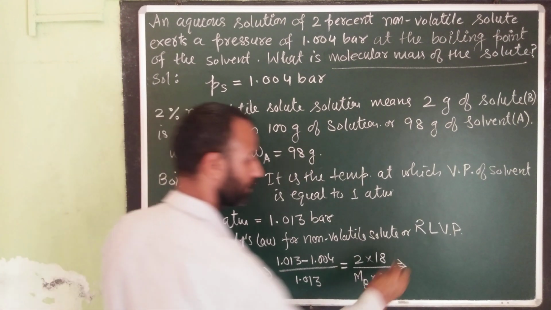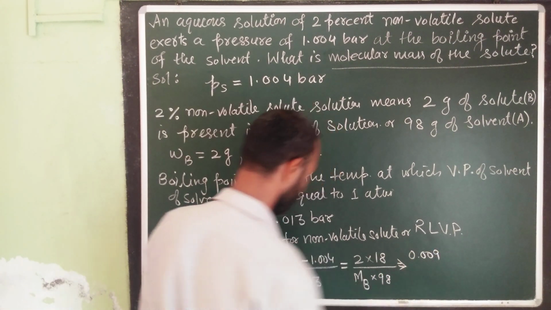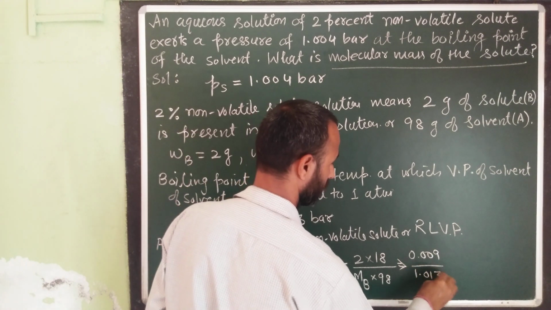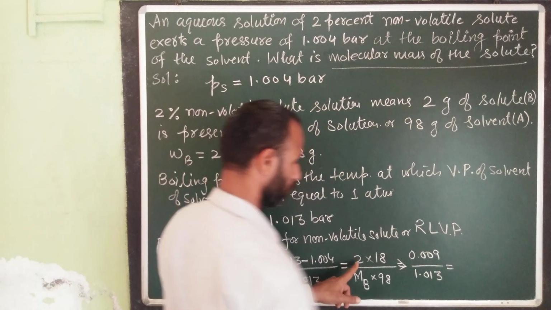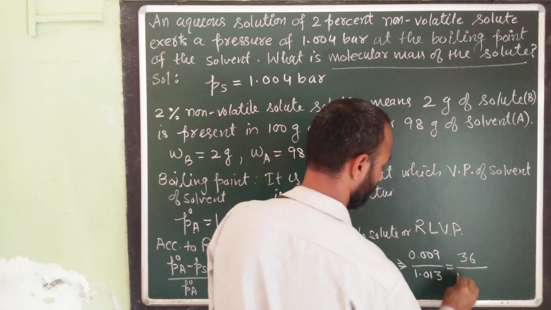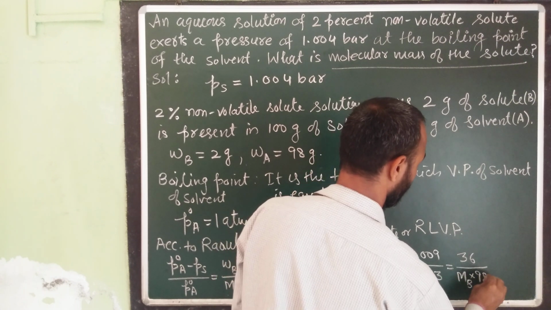So from here we can calculate: 1.013 minus 1.004 is 0.009, over 1.013, is equal to 36 by MB into 98.